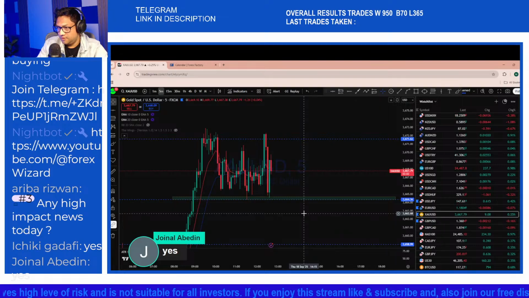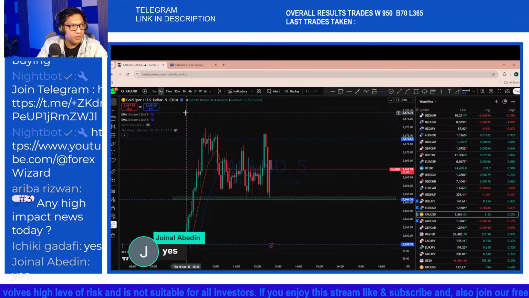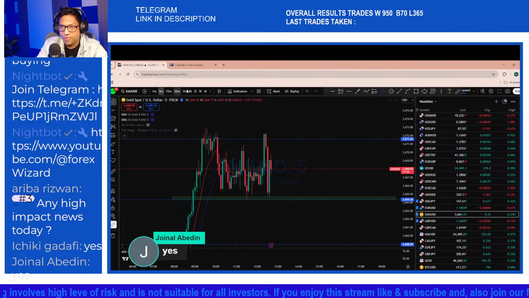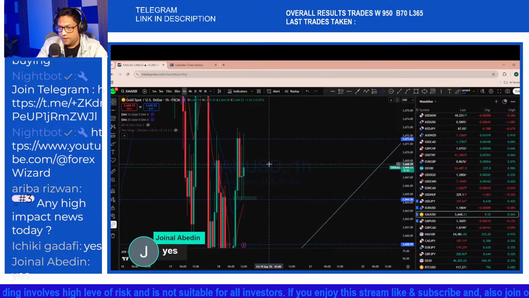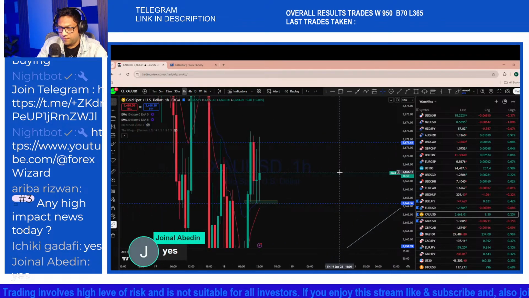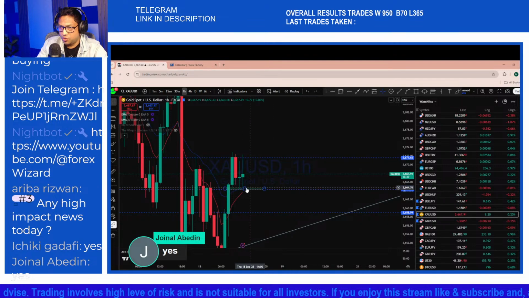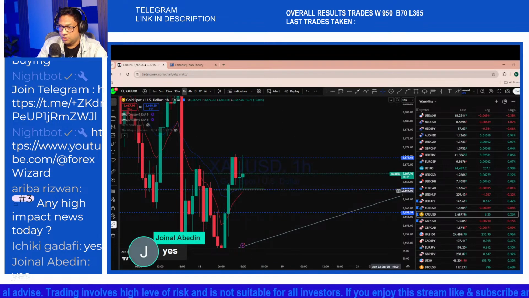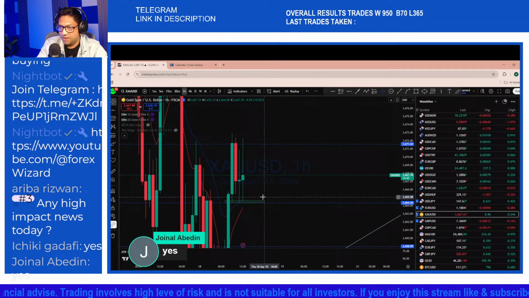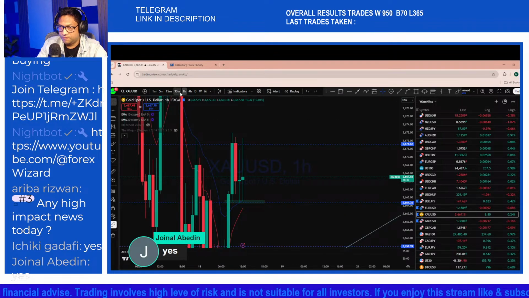And from the lower time frame, from the 1 hour perspective here, the price is coming to that support, expecting it to reject again back above that level.